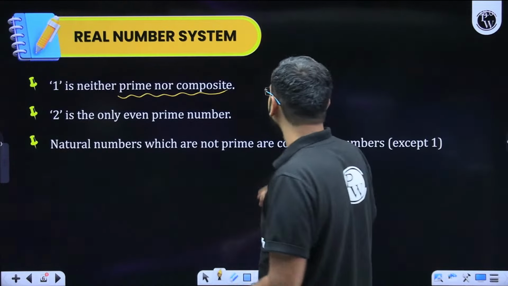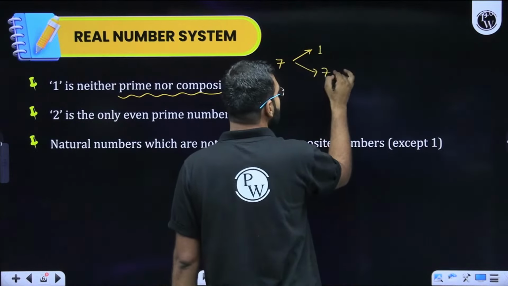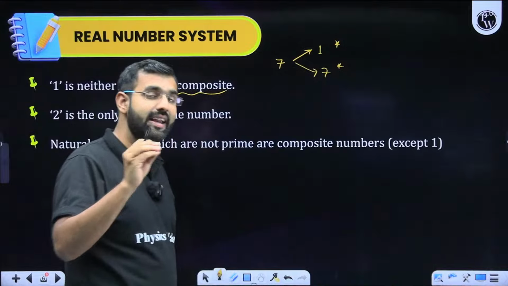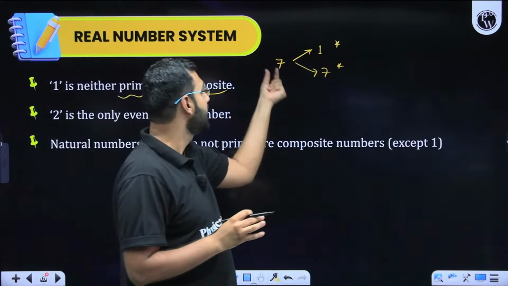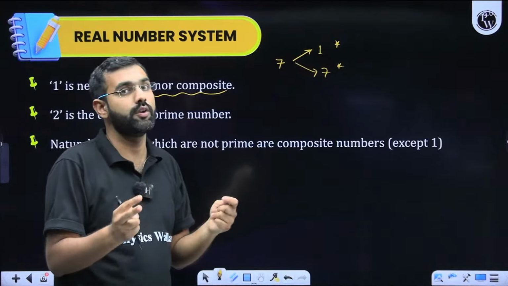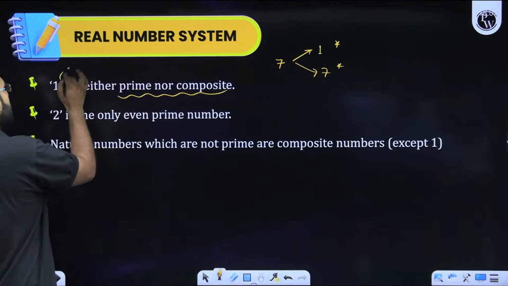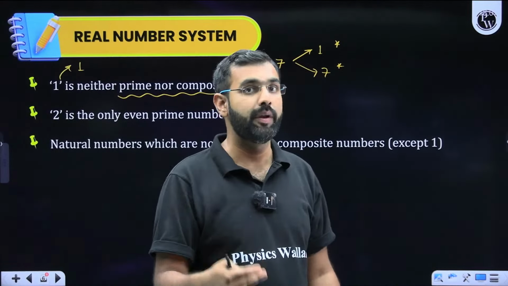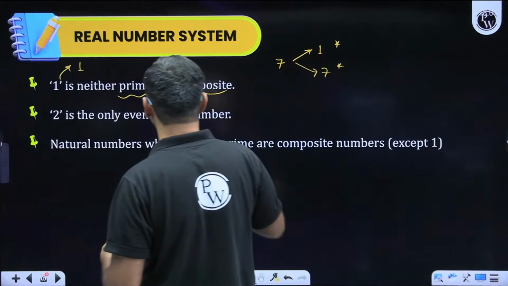If I'm talking about 7, 7 is divisible by two numbers, 1 and 7, which means it has exactly and only two distinct factors. In that case, we call it prime. But when you look at 1, 1 is divisible by 1 only. That means 1 does not fulfill the criteria to be called a prime number. So remember, 1 is not a prime number. I hope most of you are already aware of it.